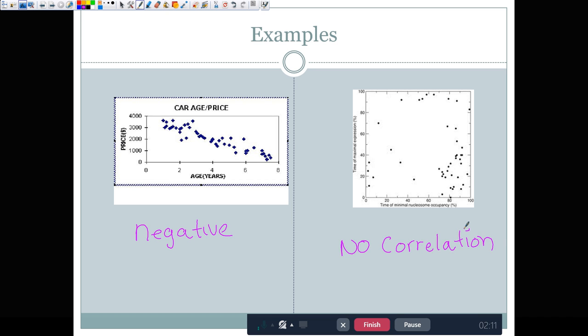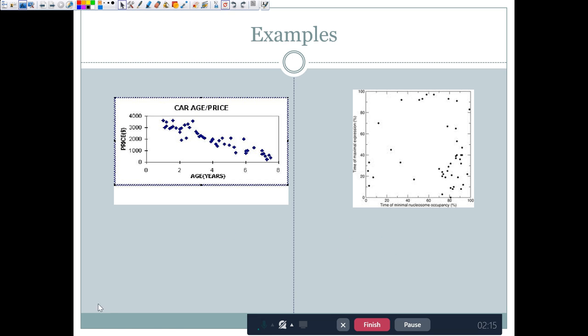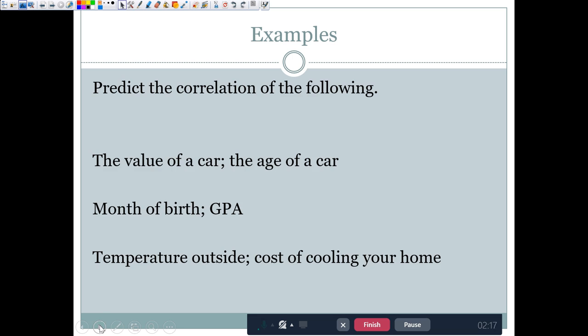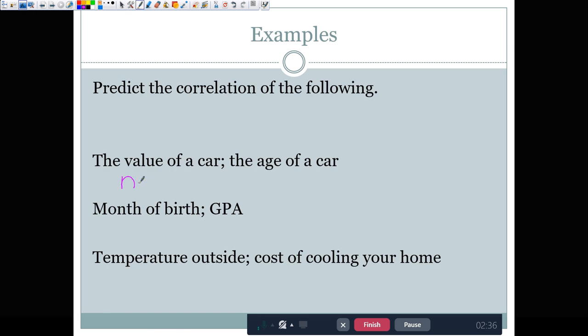Okay. So a line of best fit. Or hold on, I skipped one, sorry. Predict the correlation of the following. The value of a car and the age of the car. Negative. Usually, as cars get older, the value of the car goes down, unless it's a special case, but those would be outliers, and I wouldn't change my negative correlation.